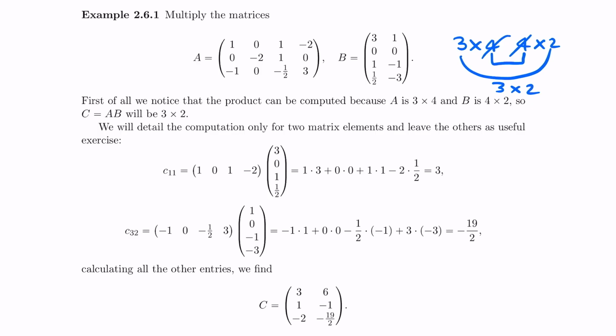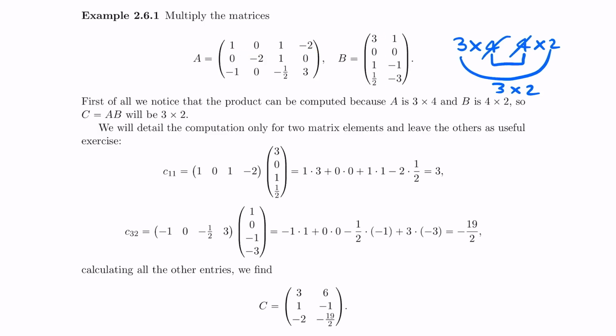So let's consider, for example, the element C11 of the matrix product, which is obtained by considering the rows by columns product with the first row of A and the first column of B. You can see them represented here.